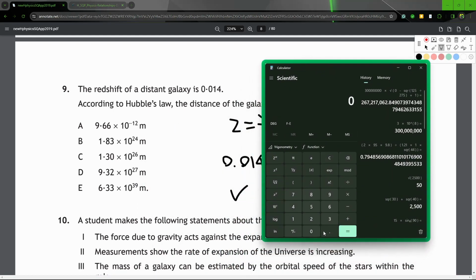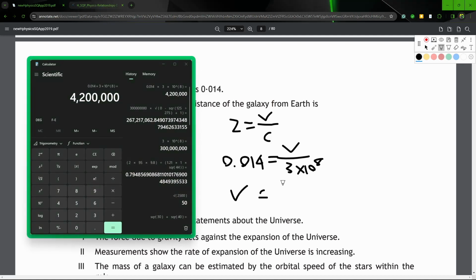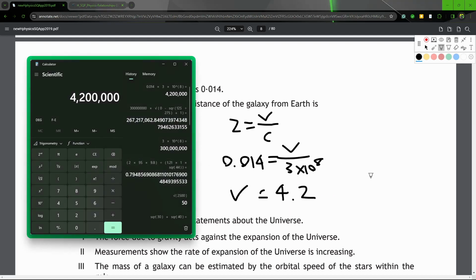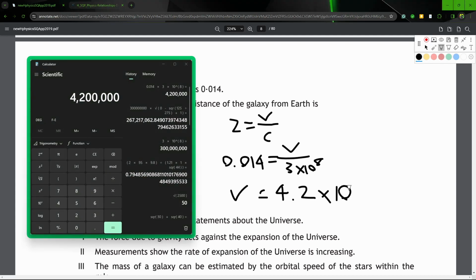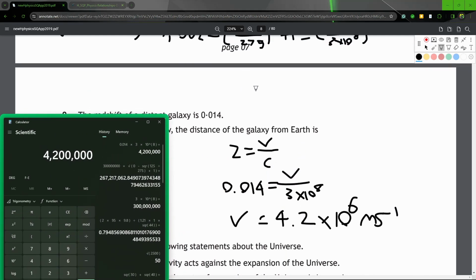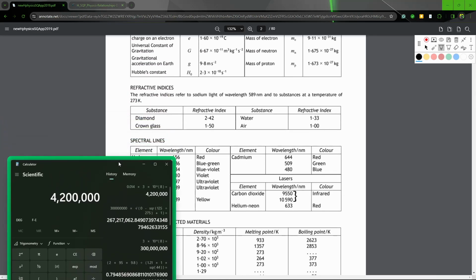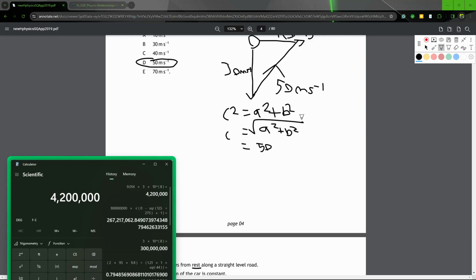So, I'm just going to quickly do that. That means the velocity, in scientific notation, is 4.2 times 10 to the 6. There we go. And then we can just use the Hubble constant. We're going to have to scroll all the way up to our data sheet. Hubble constant is 2.3 times 10 to the negative 18.